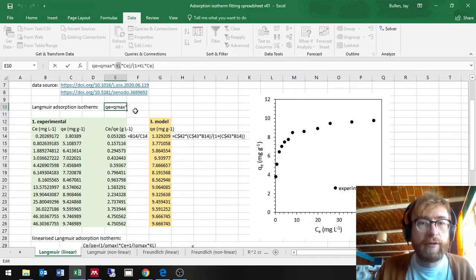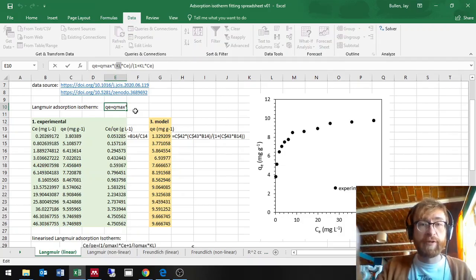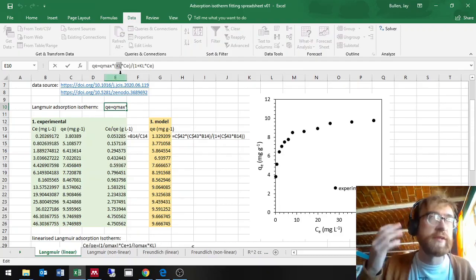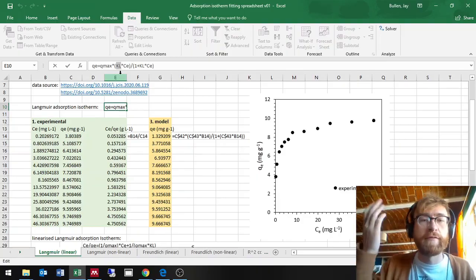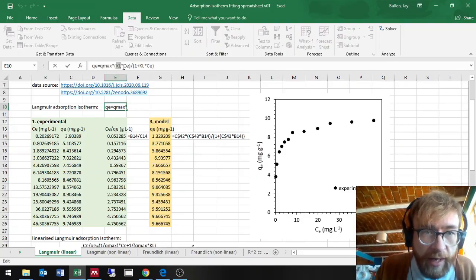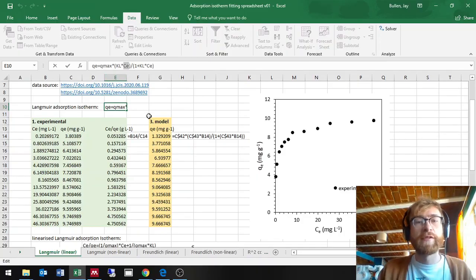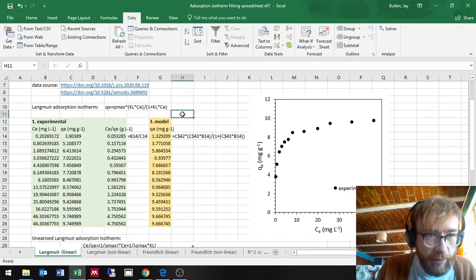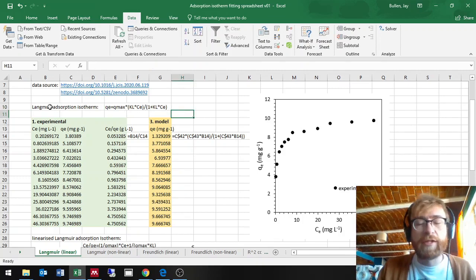Then we have KL, which is the Langmuir equilibrium constant, which represents how far to the right-hand side the reaction progresses. If it's higher, then you have a greater affinity for adsorption. And you have C, which is the quantity of adsorbate that remains in solution at equilibrium. So this is the Langmuir adsorption isotherm equation.